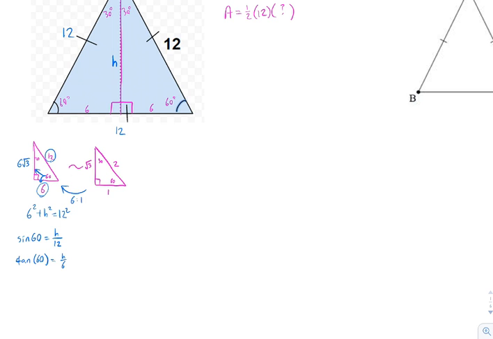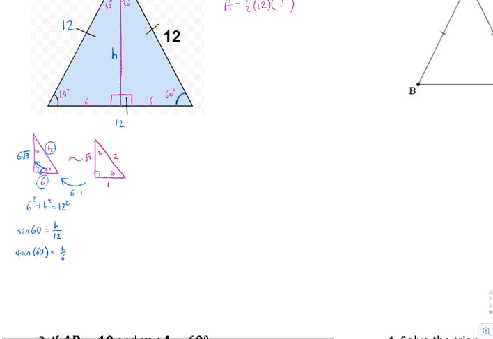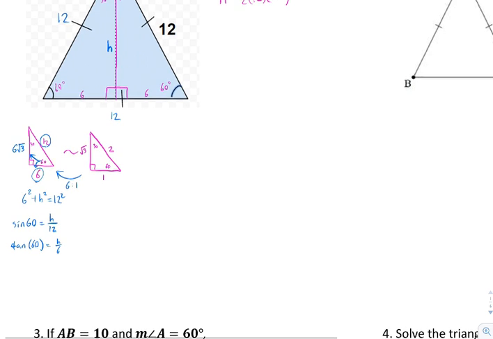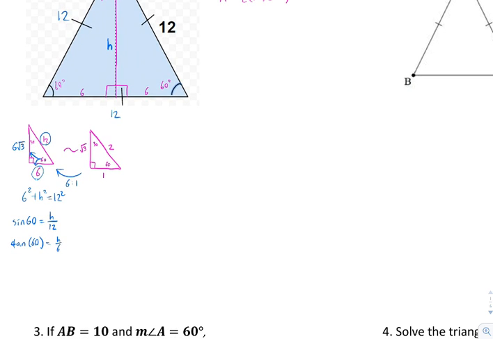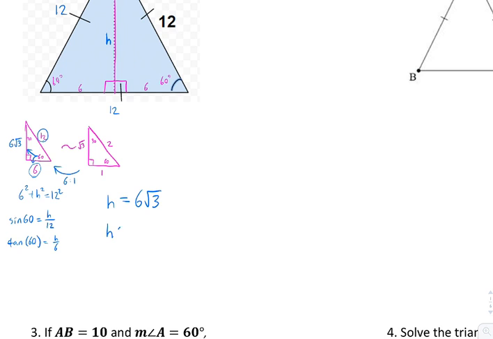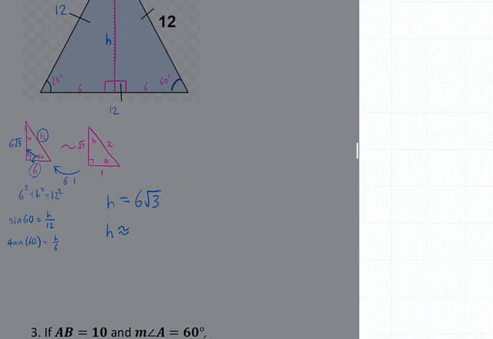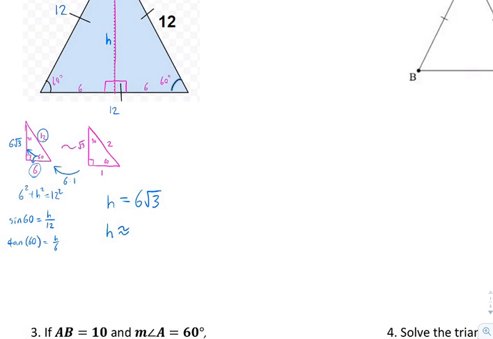There are so many ways to solve this: a 30, 60, 90 triangle, Pythagorean Theorem, or trig. What we end up getting is that the height of our triangle is exactly 6√3, or approximately 10.392.